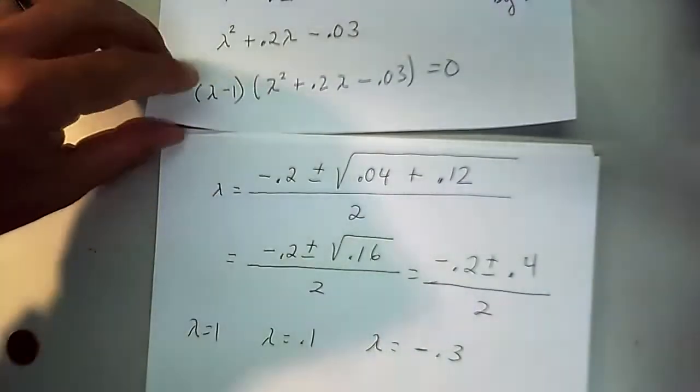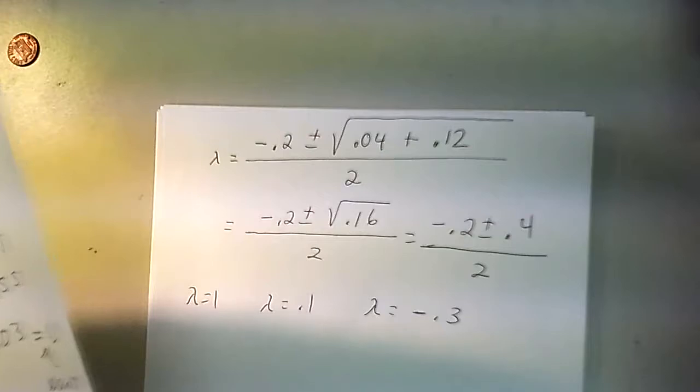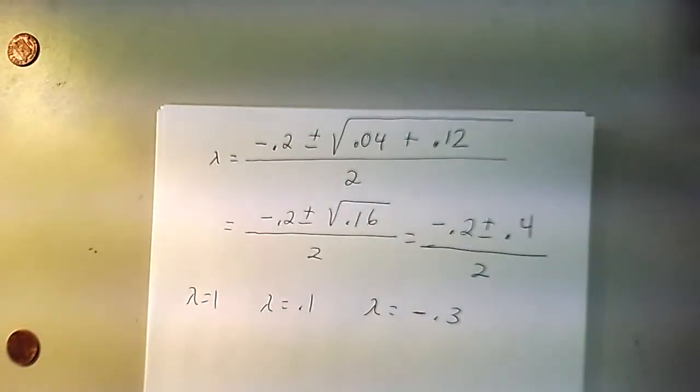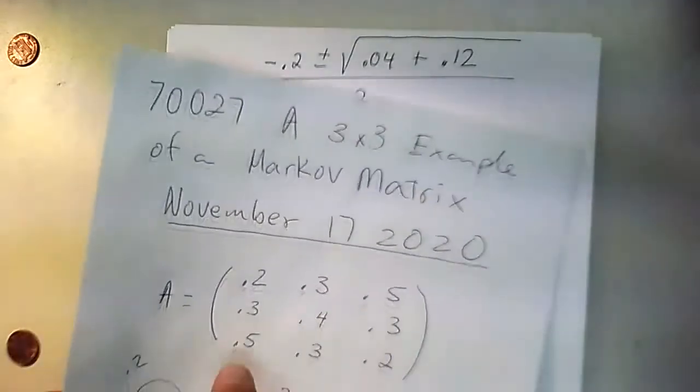Okay. And then, you know the drill, we have to find out the eigenvectors corresponding to each one of those eigenvalues. So let me start with lambda equals 1. This is our original matrix.